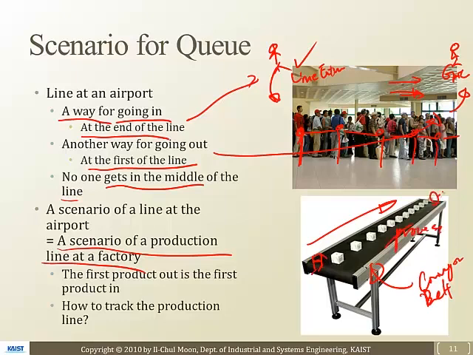And this box will get out for the further production operation. In that case, this one was coming first. This one was the first one to come in. This one was the last one to come in. Who will get out first? Of course, this one will get out first, right? So it's called FIFO. So this is a perfect scenario for the queues.